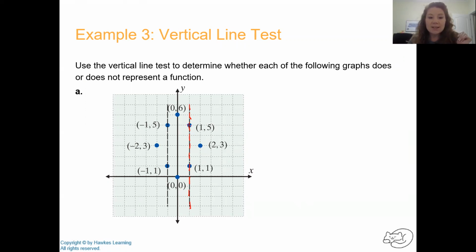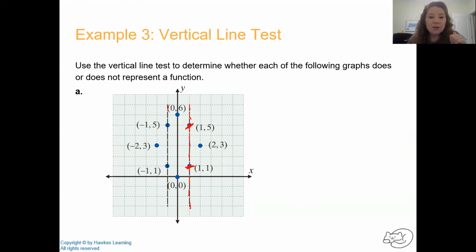Because this vertical line went through two points, the graphed points failed the vertical line test, since we went through 2 points with the same vertical line. If that happens anywhere on your ordered pairs, it's not a function.